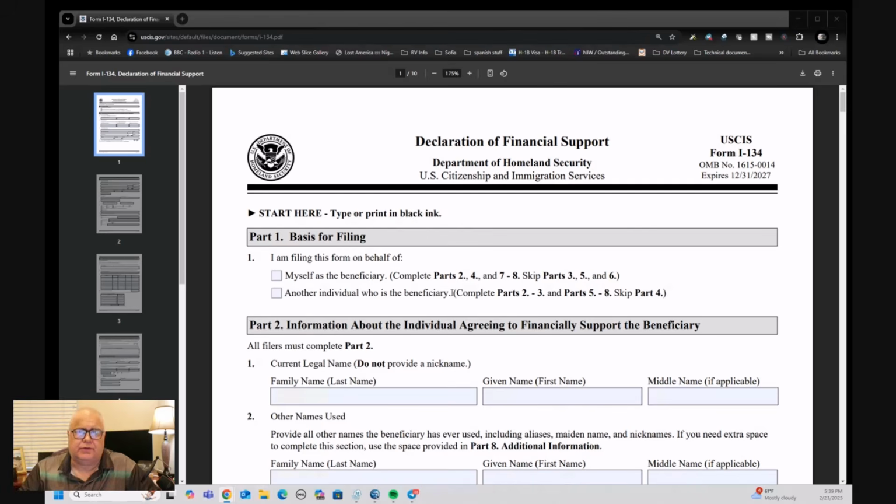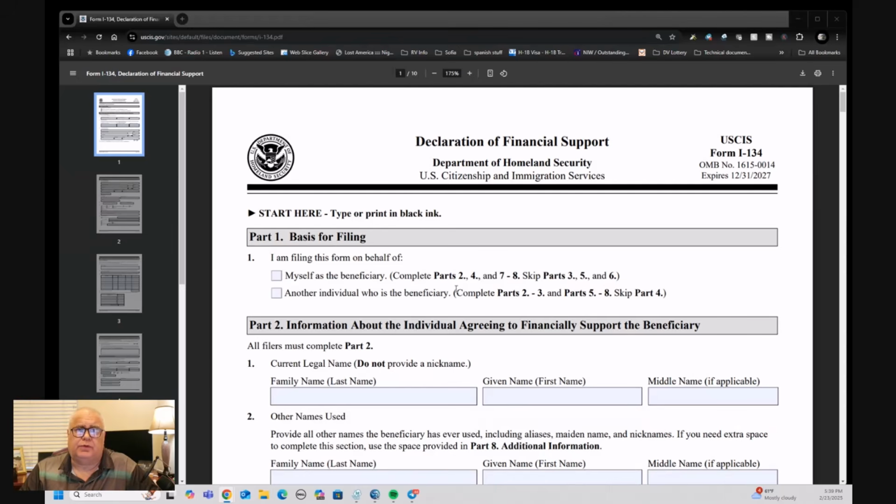So in the case of DV lottery, which is the scenario I'll speak to you about, you would be asking a US citizen or permanent resident in the USA to fill out the form on your behalf as a DV lottery selectee. And the single form will cover yourself and all of your family members, okay? And I'll talk about the formula used to calculate how much money the sponsor should have. But I'll explain all of that in a few minutes.